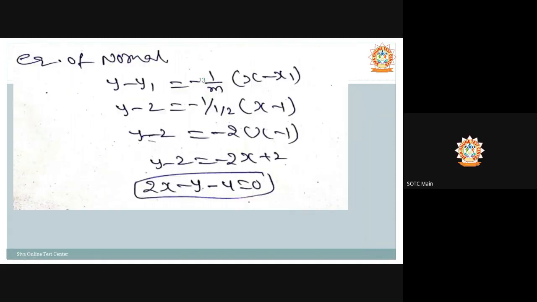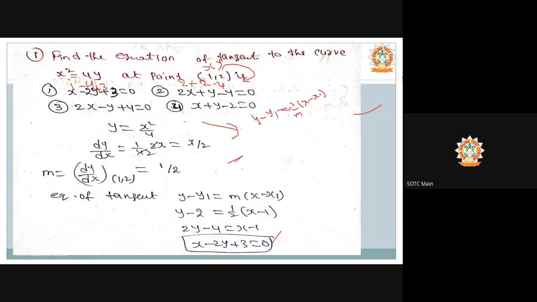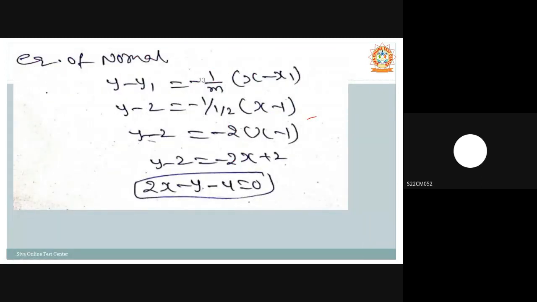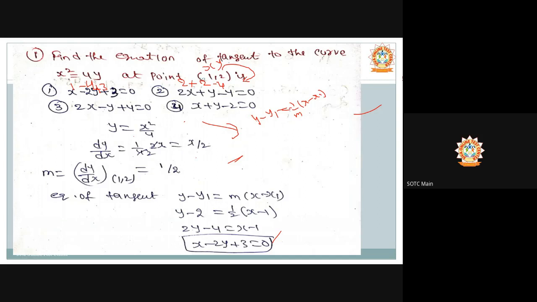Very good. 2x minus y minus 4 or plus 4? Minus 4. The y comes to this side, plus. So now you can see the first option is representing the equation of tangent and the second option is representing the equation of normal, right?